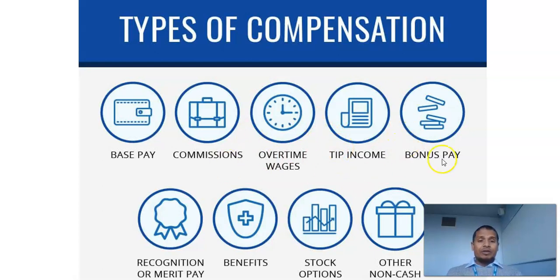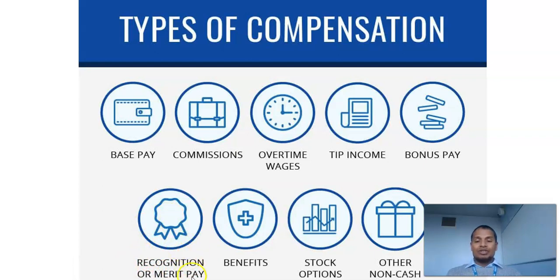Bonus pay: when the organization earns a significant amount, a very good income in a particular year, employees are paid a bonus. And recognition or merit pay: if an employee performs extraordinarily well, the organization may give some sort of reward or recognition to that employee.